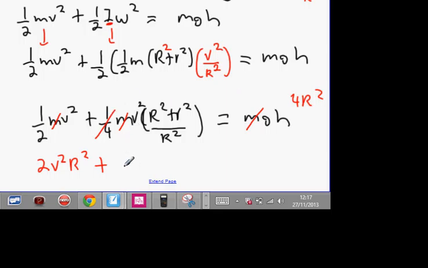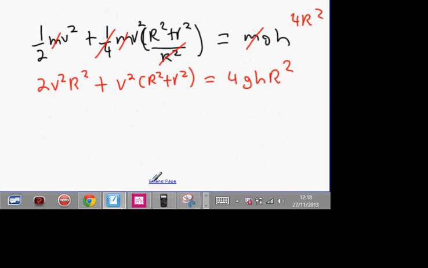And what we're going to have is we're just going to have v squared into R squared plus small r squared, because the big R squared cancels with the denominator here. Okay, multiply the other side by 4R squared, and we're going to get 4ghR squared.